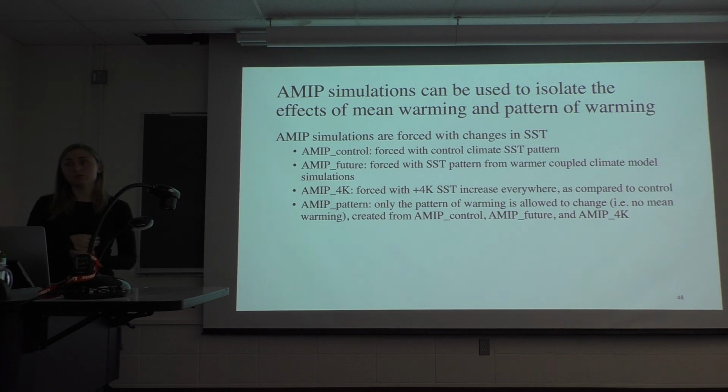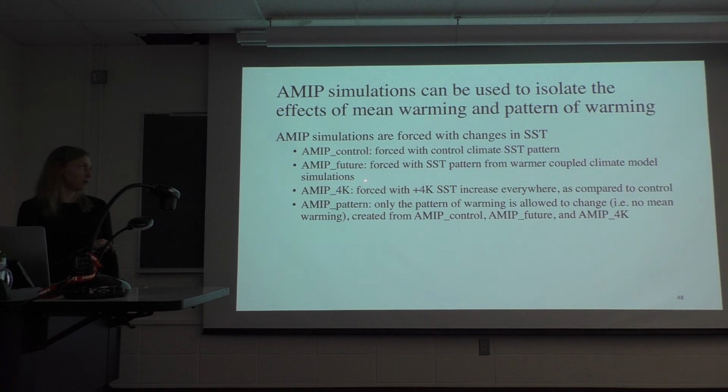AMIP simulations are forced with SST, so we can look at the effects from mean warming and the effects from the pattern of warming on the SST. The AMIP 4K simulation is one that exists.